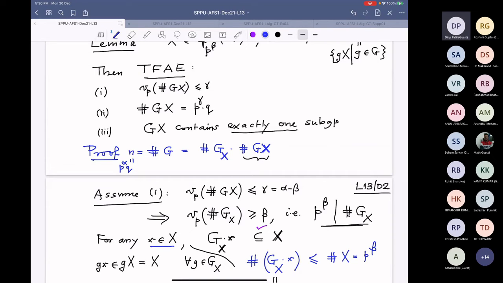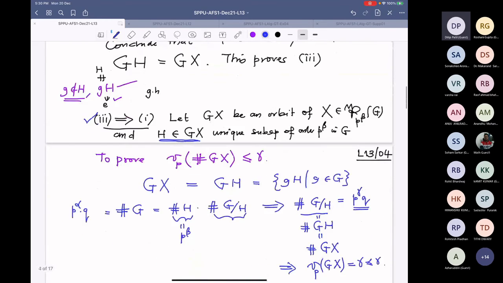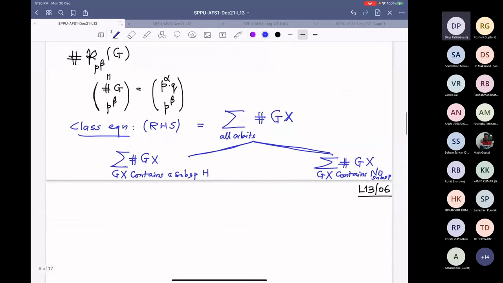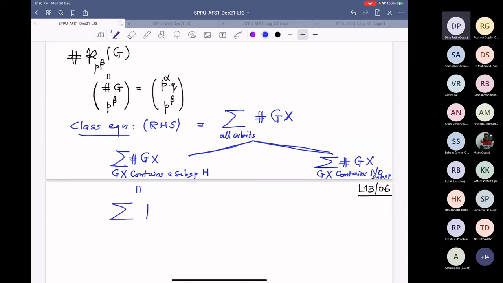The second part says the cardinality of the orbit has to be p power gamma q. So all these cardinalities in this sum will be p power gamma q, and how many times?